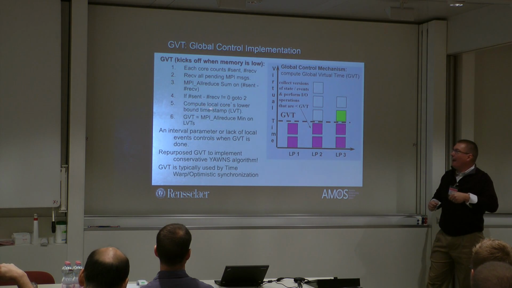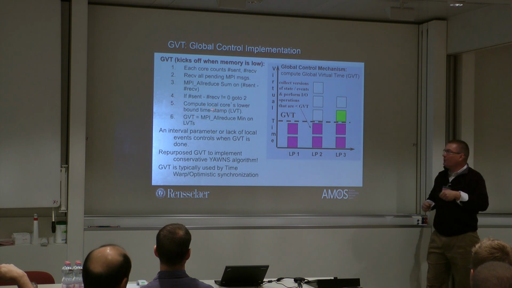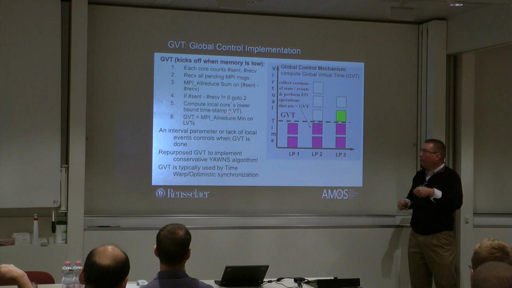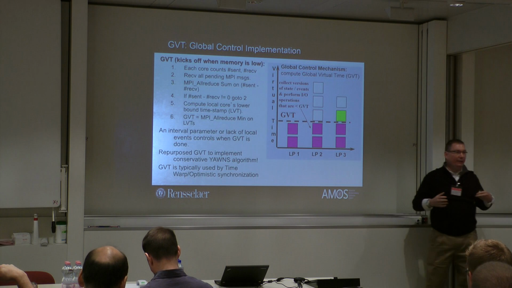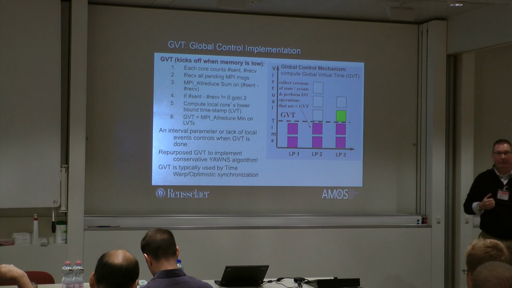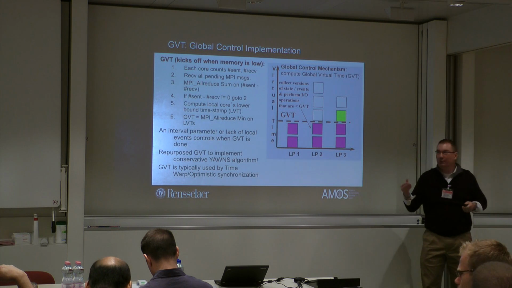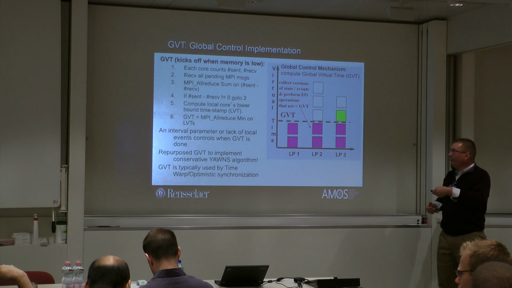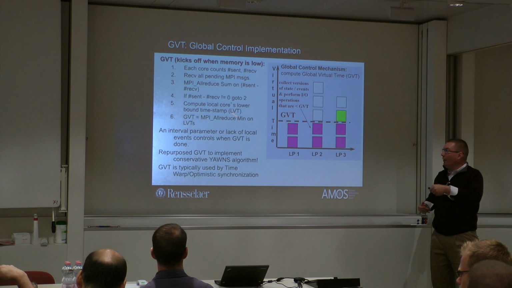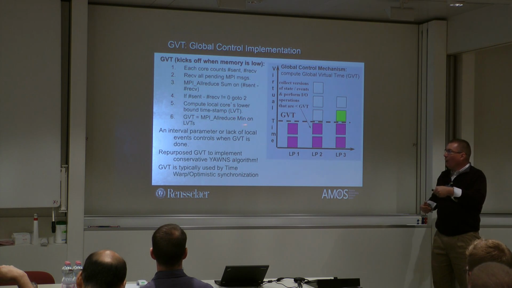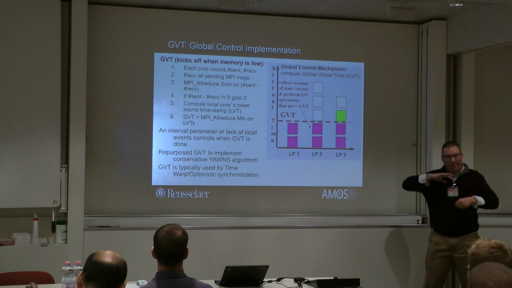So then once we've done that, each core, or each MPI rank, will compute its own local virtual time, which is essentially the smallest unprocessed event in the system. So it's really the event probably in your priority queue for the most part, right? So they'll take that timestamp, and then do an all-reduce, minimizing across all the local virtual times across every MPI rank.